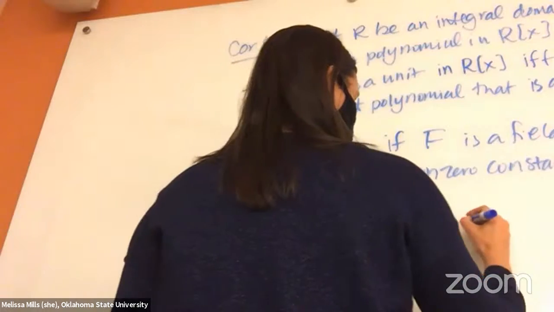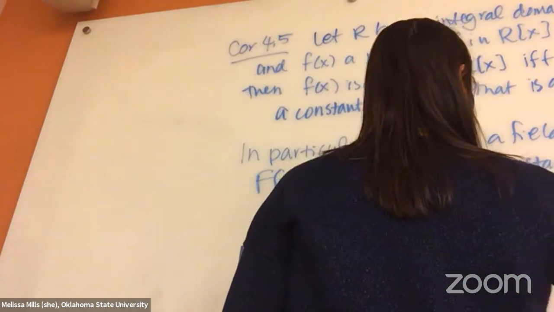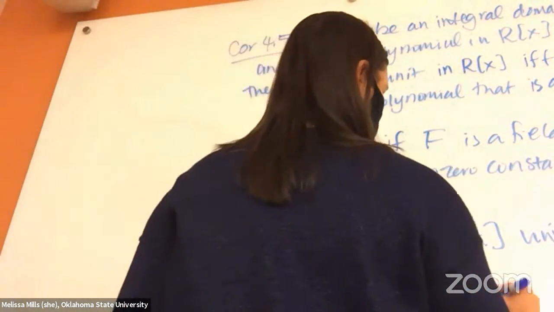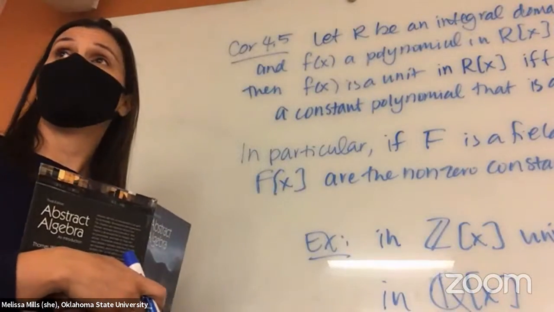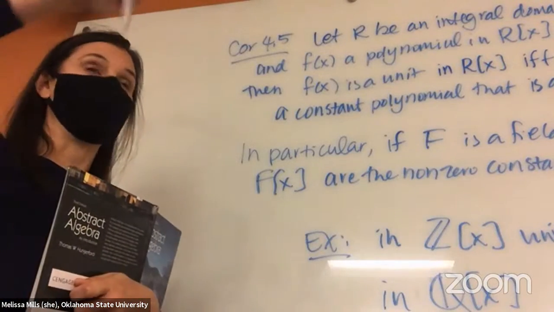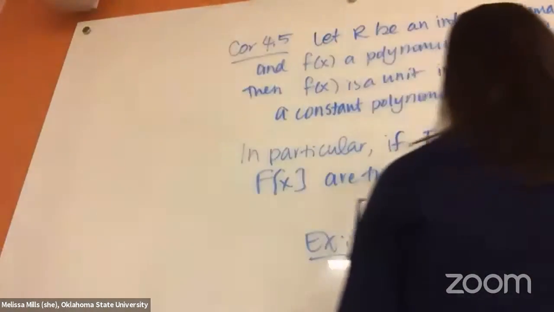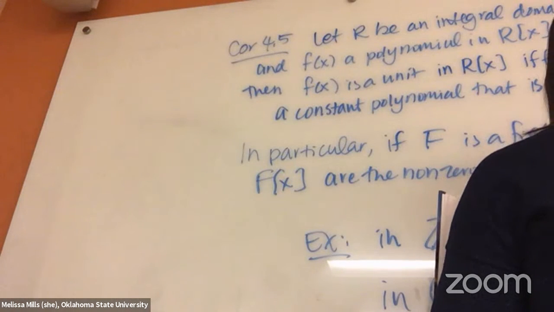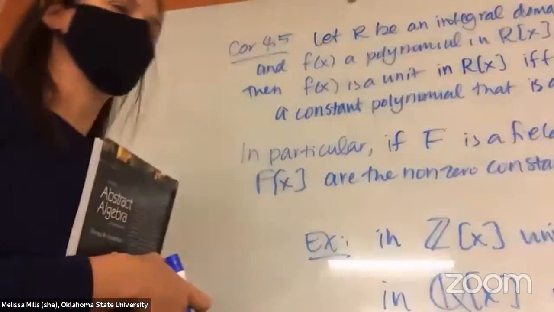In C adjoin x, units are plus or minus 1. And Q adjoin x. So the rationals are a field, right? Because they have multiplicative inverses for every element. You can flip things over in Q. So the units are basically all of Q except 0. So Q set minus 0.